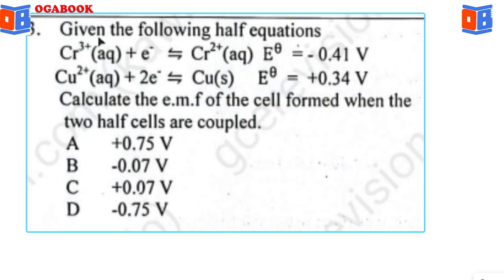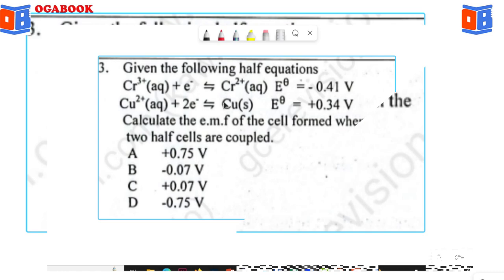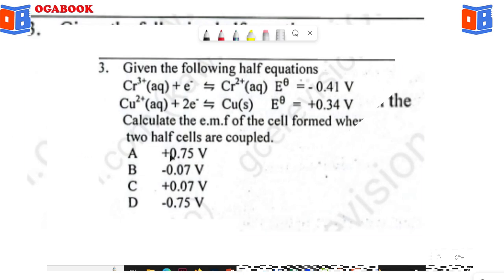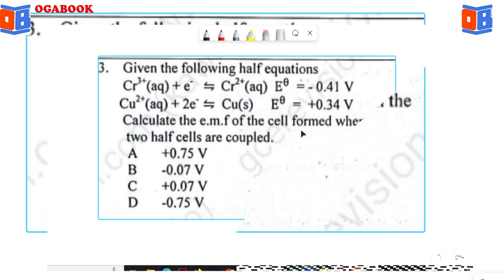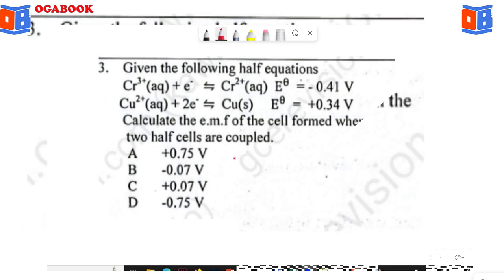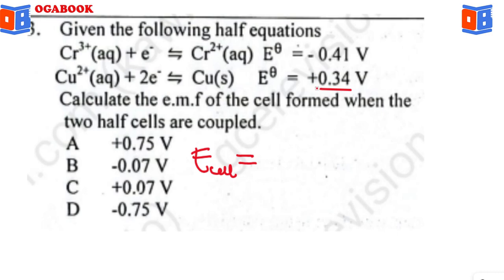Question number 3. Given the following half equations, we have the chromium half equation and copper half equation, each with its corresponding electrode potential value. Calculate the EMF of the cell formed when the two half cells are coupled. So in the calculation of EMF, the EMF of the cell is simply going to be equal to the larger EMF, which is positive 0.34, minus the lower EMF, which is minus 0.41 volt.